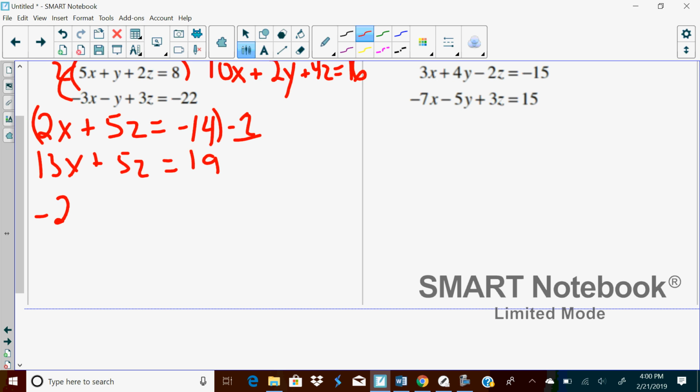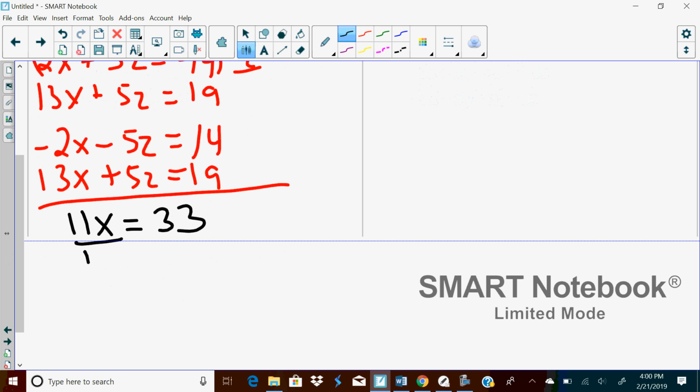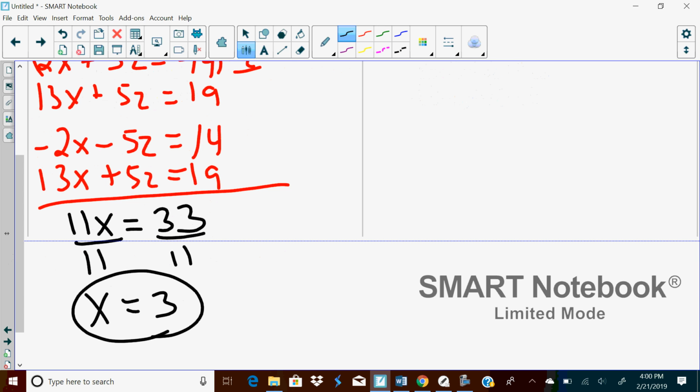So I'd get -2x minus 5z equals 14. 13x plus 5z equals 19. So I combine those together. And when I do that, I'm going to get 11x equals 33. Divide 11, divide 11. So I'm going to get x equals 3.